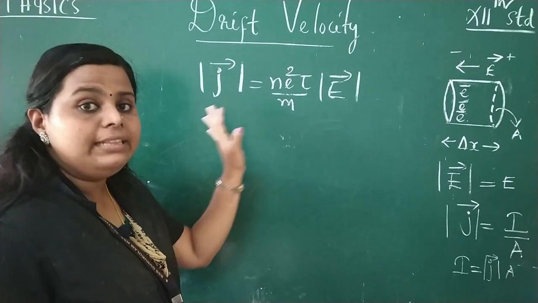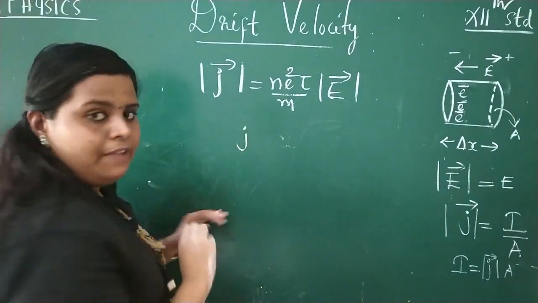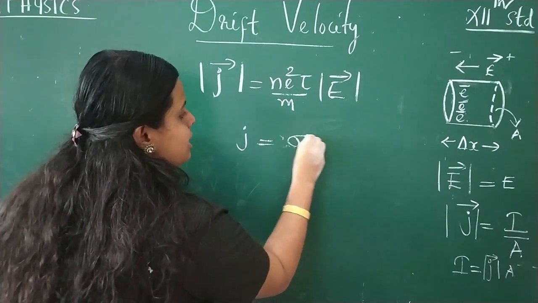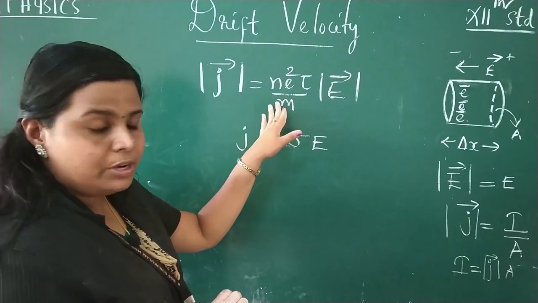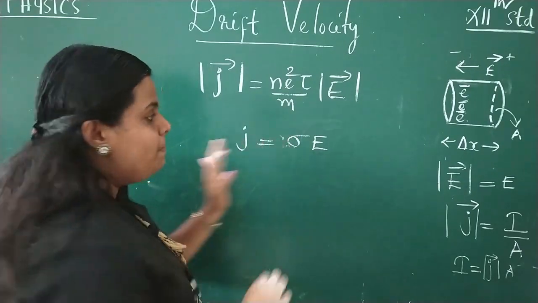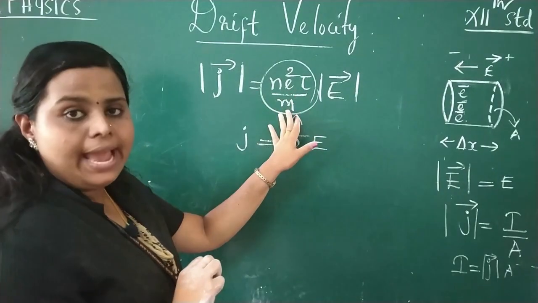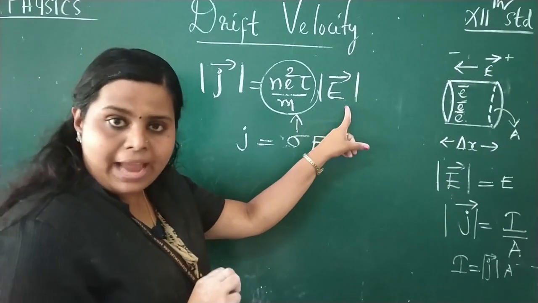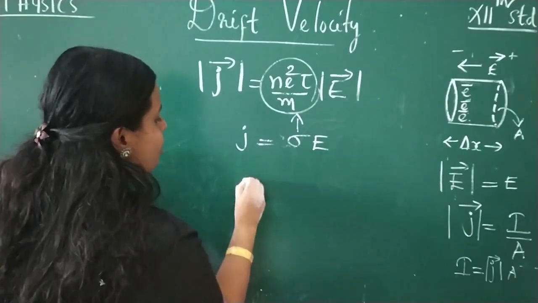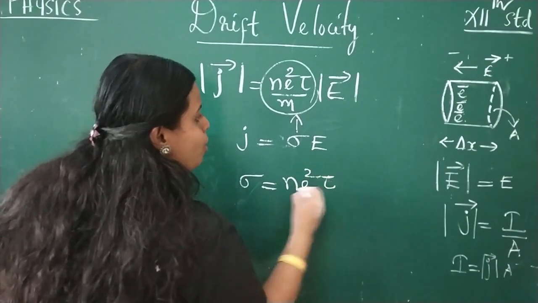Now let's compare this expression with the equivalent form of Ohm's law. Recall the equivalent form of Ohm's law, that is J is equal to sigma into E. When we compare these two expressions, in place of sigma, another term is here, that is n e square tau by m. In place of J we have the magnitude of J, in place of E we have the magnitude of E, and instead of sigma we have another term, n e square tau by m.